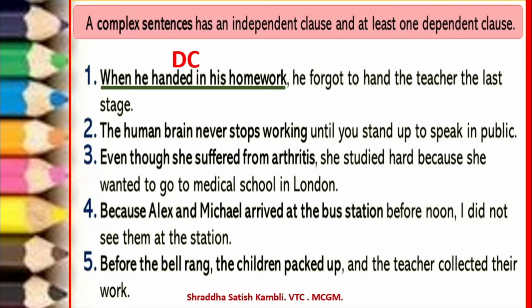Did his teacher scold him? Nothing, no clarity. That is why it is called a dependent clause. Then which is the independent clause here in the sentence? He forgot to hand the teacher the last stage. This is the independent clause. Full meaning. Main clause. Simple sentence. Okay? Let us go to the next example here.